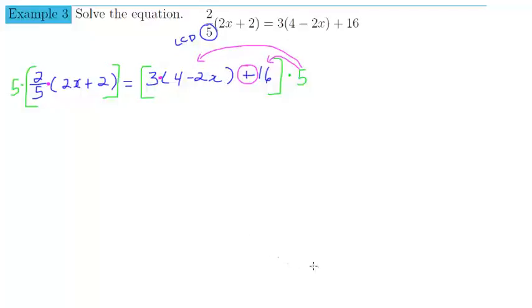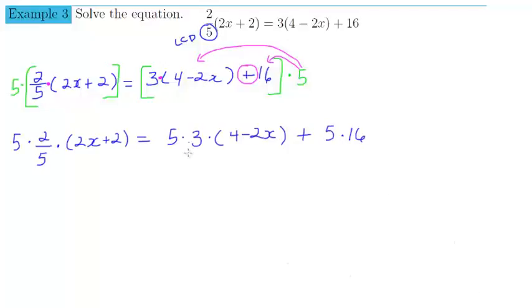So let me write out what we get. So there's the next line. This is what you should end up with after you multiply out the 5. Here's your 5s. I multiplied the 5 right here, and right here. Now we can reduce to clear our fraction out.